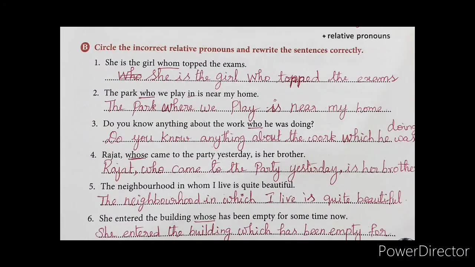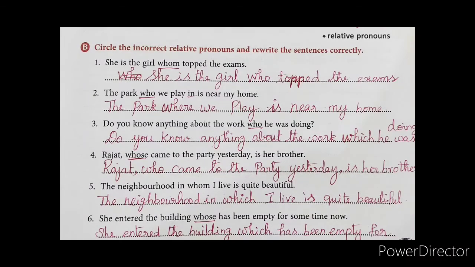That is the question. The answer here, the relative pronoun is who, so we have to change it. The park where we play is near my home. So instead of who, we have changed the relative pronoun to where. Then only it will give complete meaning.